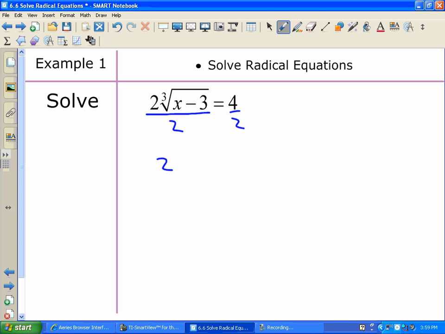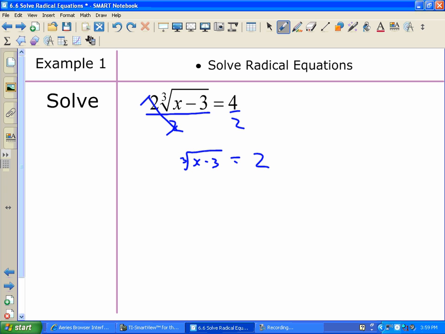That gives me the cube root of x minus 3 equal to 4 divided by 2, which, as you just told me, is 2. I've got the cube root of x minus 3 equal to 2.